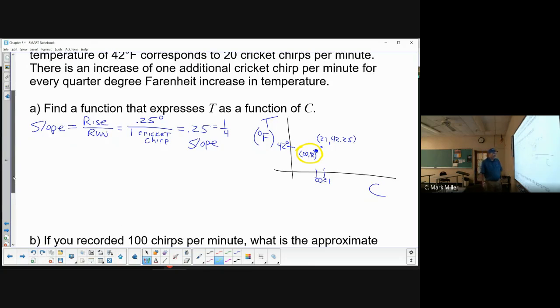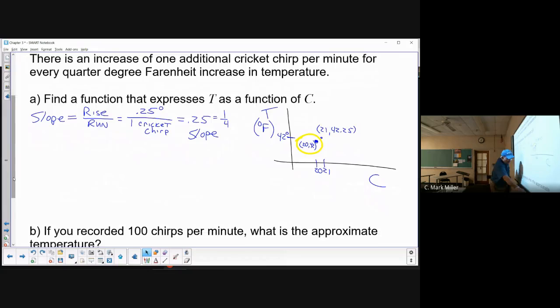And one way we talked about, we now have a slope of a quarter. We now have a point on the graph, 20 cricket chirps and 42 degrees. So we have y minus y0 equals m times x minus x0, where x0, y0 is a point on our line.